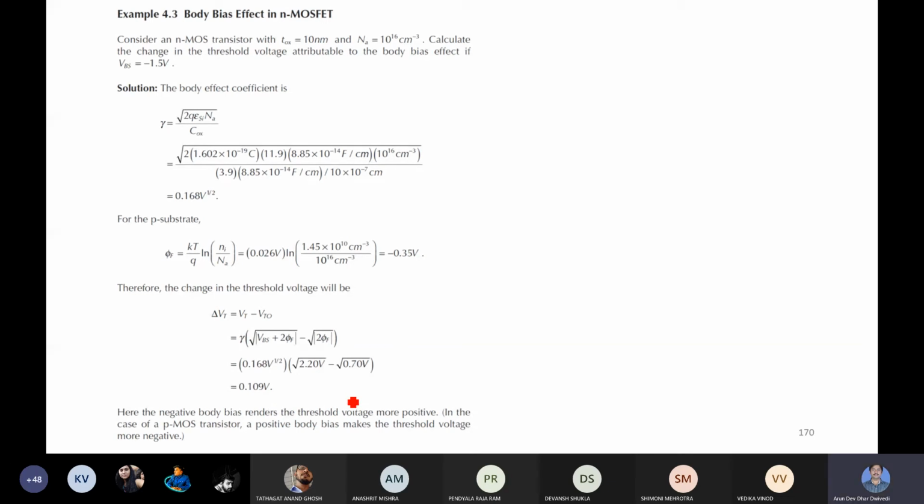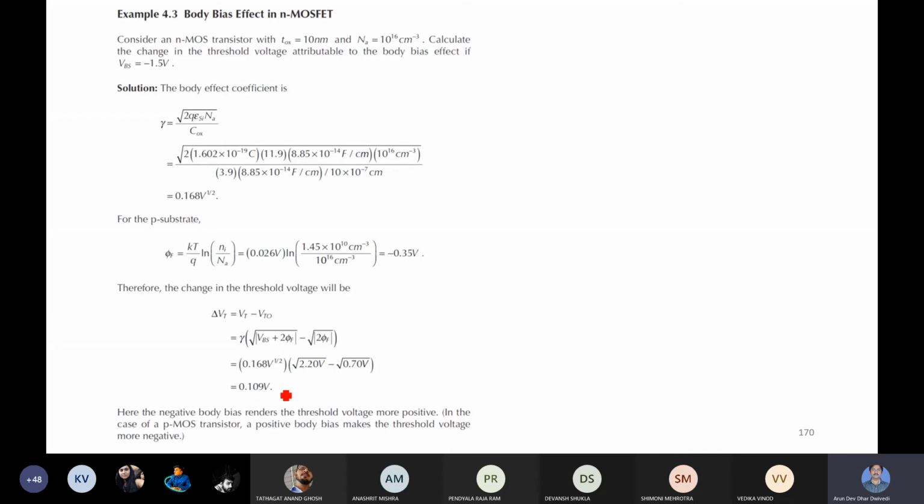So now time is up, but many more examples are there; if you can give 5 more minutes I can discuss a few more examples. Negative body bias, we can see the effect: negative body bias renders the threshold voltage more positive. Previously whatever voltage was there is increased by this much, a change of 0.109.